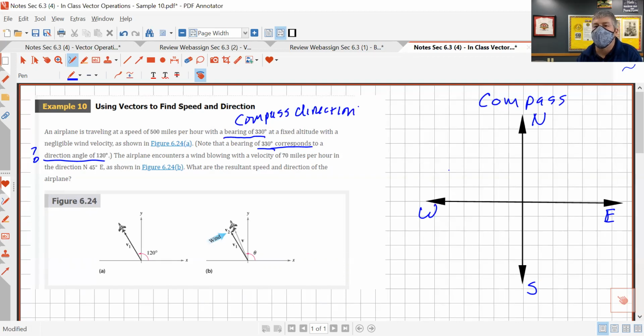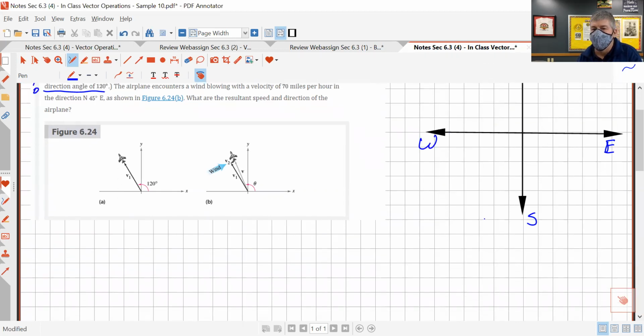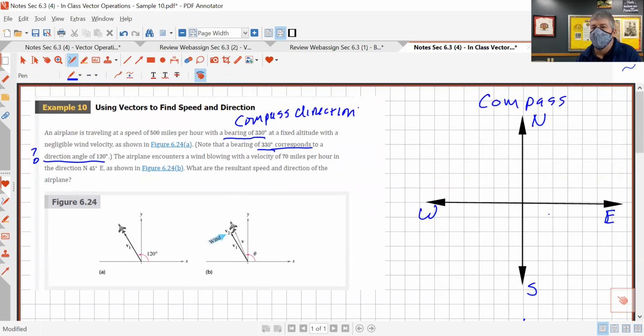Okay, we are used to working on the coordinate plane or a unit circle, right? So we think 330, and we're not going to do that. That would be bad. 330 degrees to us is this, isn't it? Where we start on the positive x-axis, not on a compass. On a compass, we start due north.